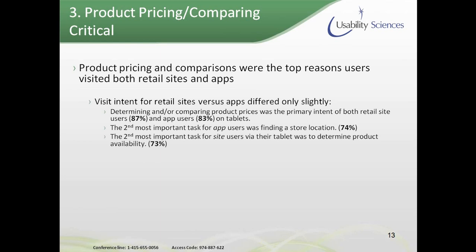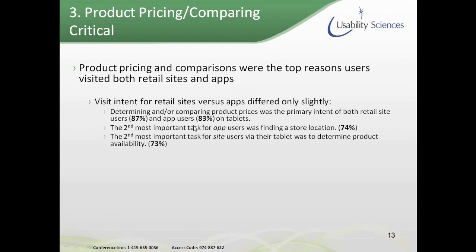Mobile websites or a full website on a tablet versus an app that you've downloaded and visited, the intents were slightly different. However, the top intent remained the same. If you look at our first bullet here, determining and or comparing products was a primary intent for both retail sites and apps, which was 87% of users, app users 83%.